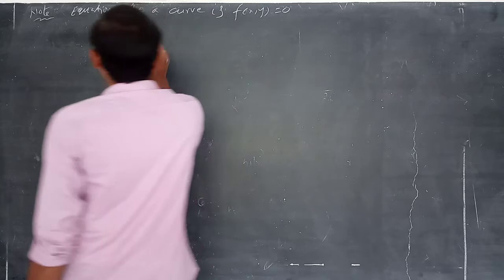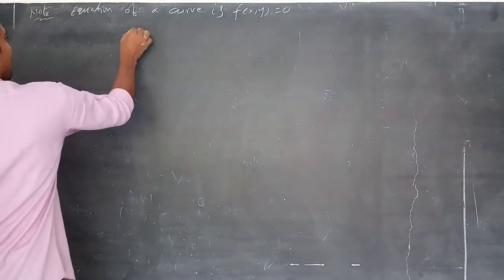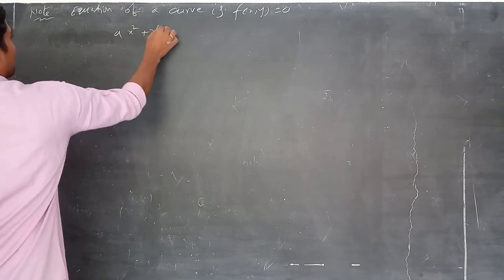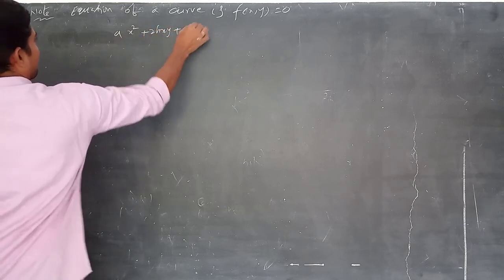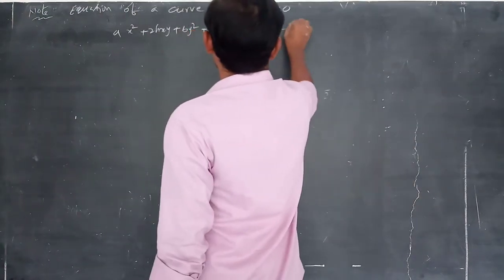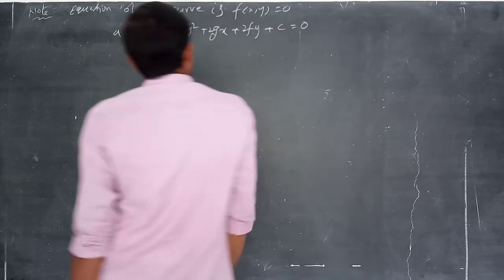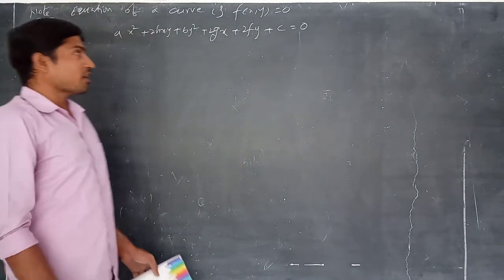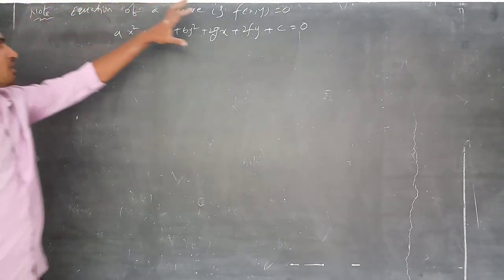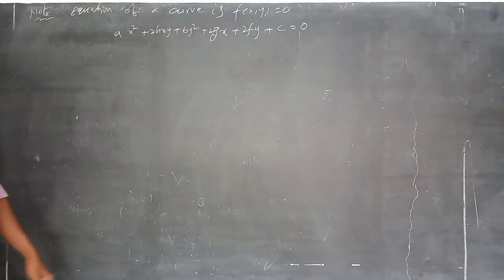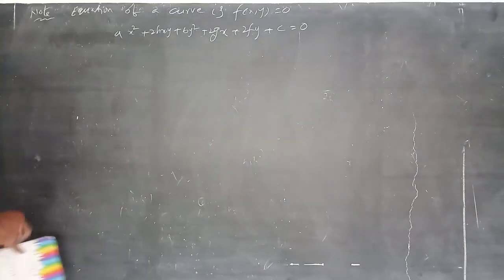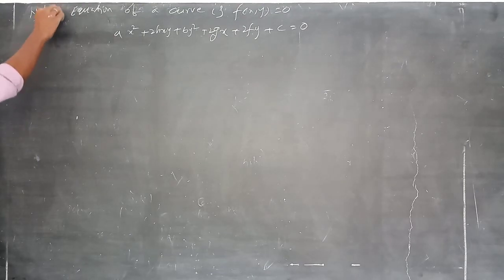That means ax square plus 2hxy plus by square plus 2gx plus 2fy plus c equal to 0. F of x comma y equal to 0 is a curve, which means we have to remember this is the form of that curve. Suppose this is the first point you note.